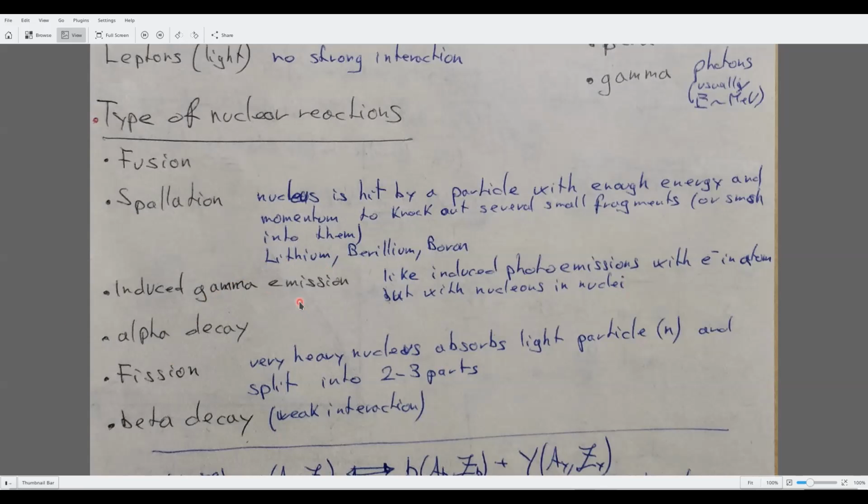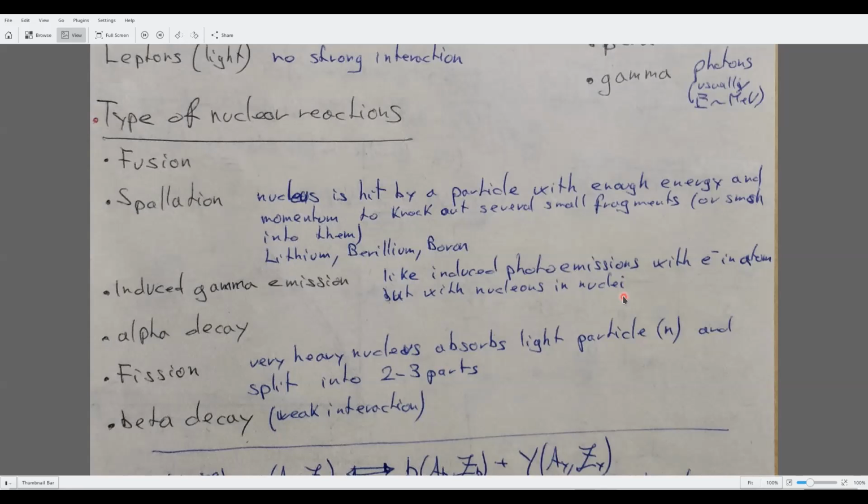Another type of nuclear reaction is induced gamma emission. Like in an atom, where an electron in an excited level can be hit by a passing photon, which induces the emission of a photon and the electron decays to a lower level.